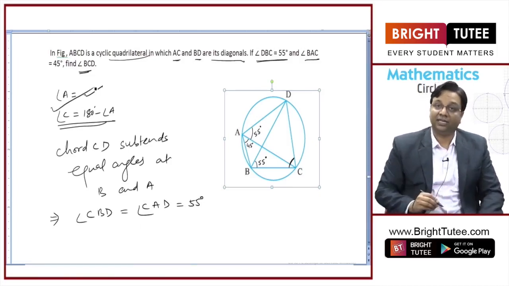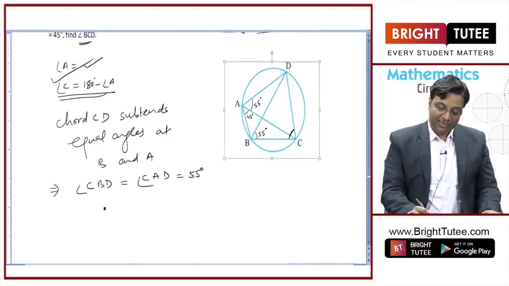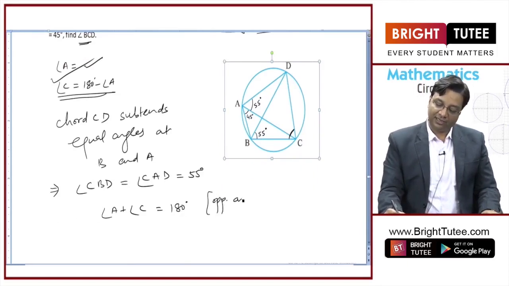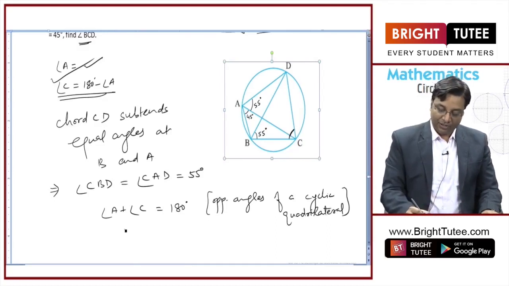Now you know the measure of angle A, so it is very easy for you to find angle C. Angle A plus angle C is equal to 180 degrees, as they are opposite angles of a cyclic quadrilateral. So what will be angle C?